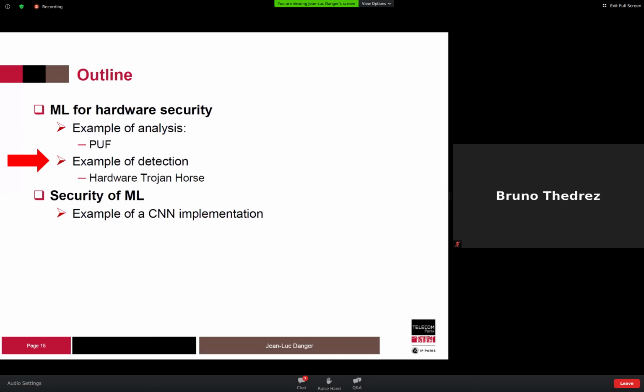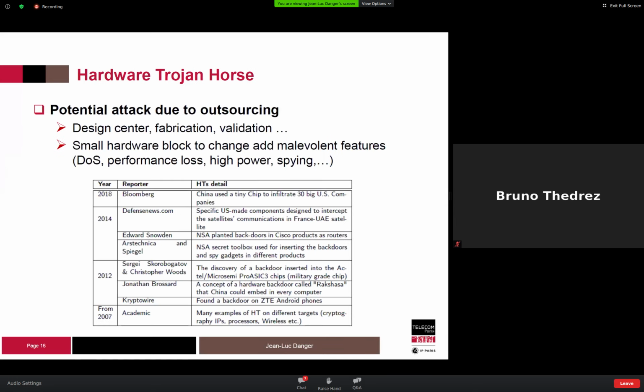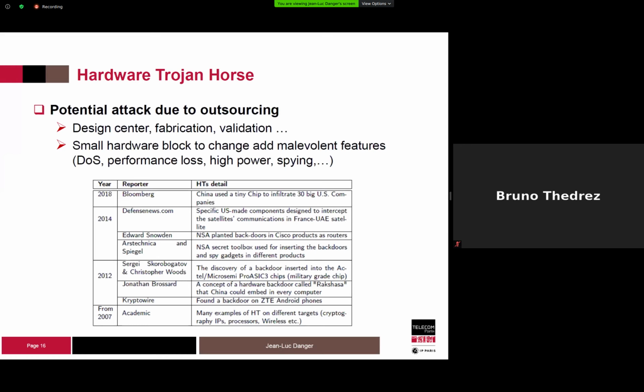Okay, now let's go to a second example, which is hardware Trojan horse detection. A hardware Trojan horse is not just a potential attack; it's a real attack. But for academics, we don't have so many examples, because the industrials who are attacked do not want to talk about it, because it's a big problem for them.